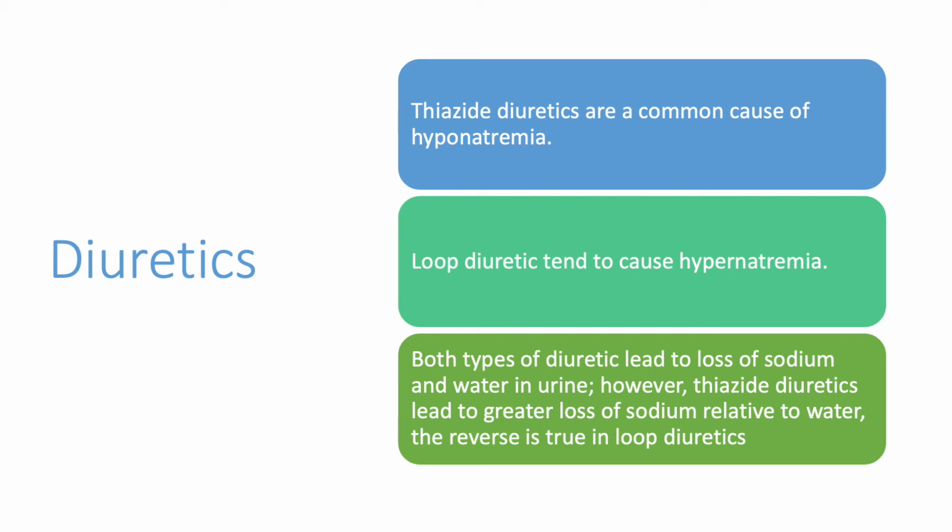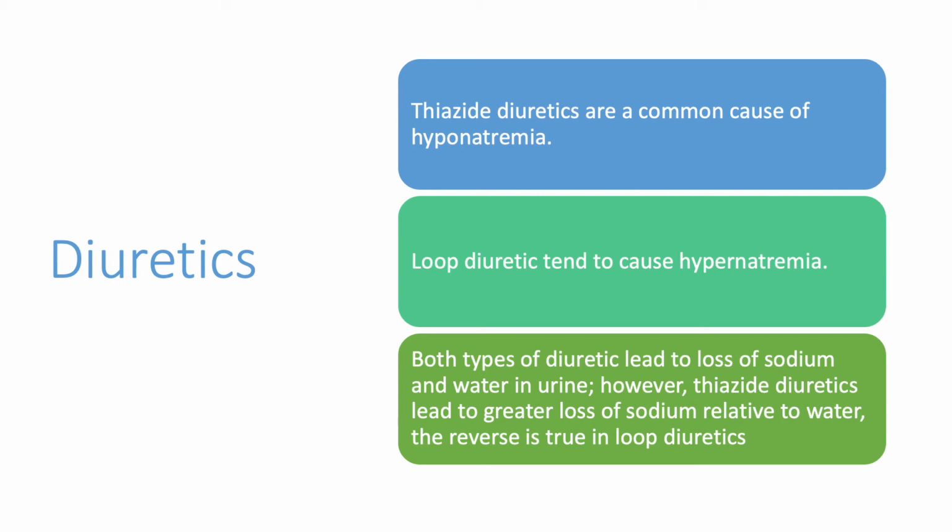Loop diuretics, on the other hand, tend to cause hypernatremia. Why is that? With thiazide diuretics, there's loss of sodium and water. With loop diuretics, also there's loss of sodium and water. But with thiazides, you lose more sodium than water, so you get hyponatremia. With loop diuretics, like furosemide, torsemide, and bumetanide, you lose more water than sodium, so you get hypernatremia.